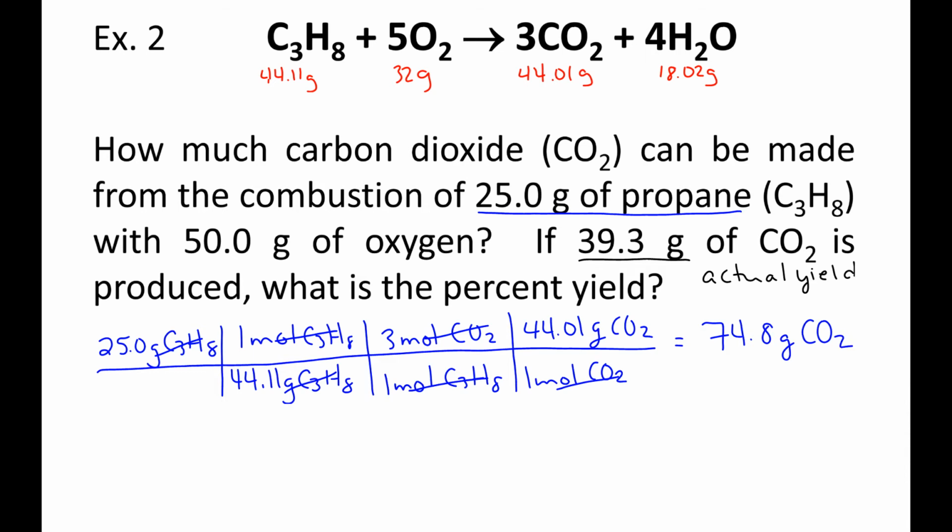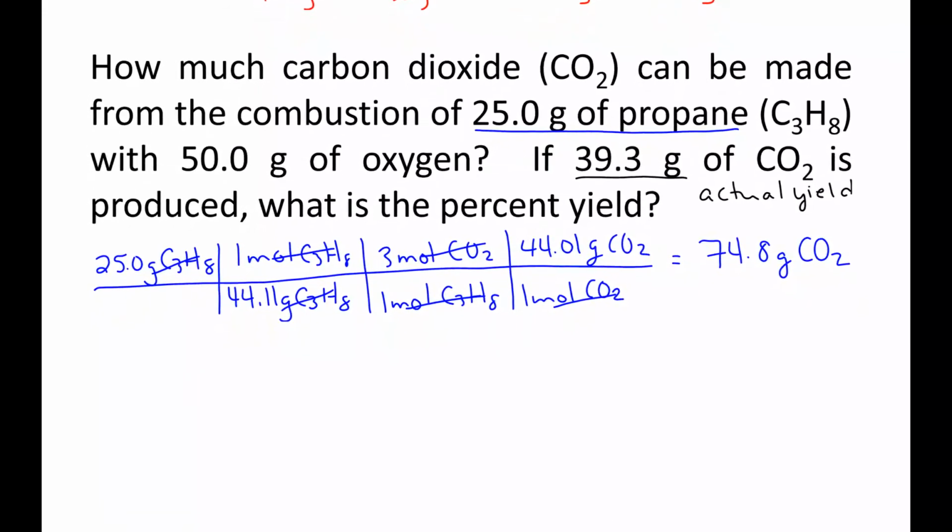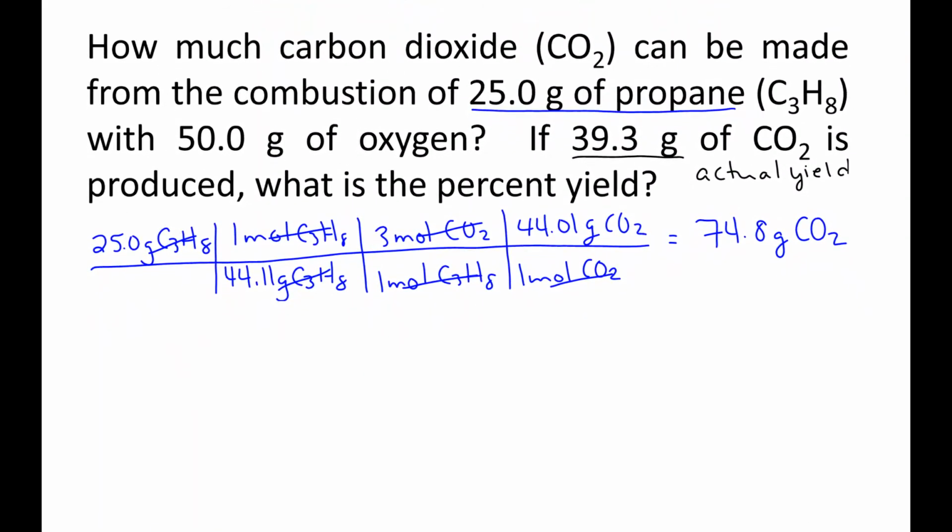Let's move this up a little bit. This time we're going to use a different color. We're going to do 50 grams of oxygen, sorry, not moles. 50 grams of O2, and then 32 grams of O2 per 1 mole of O2.